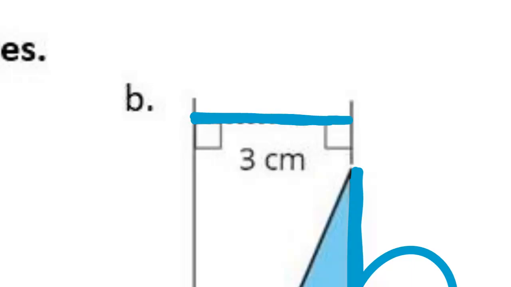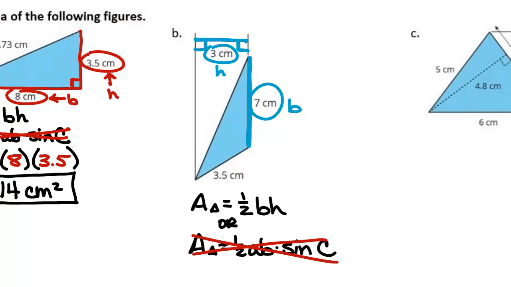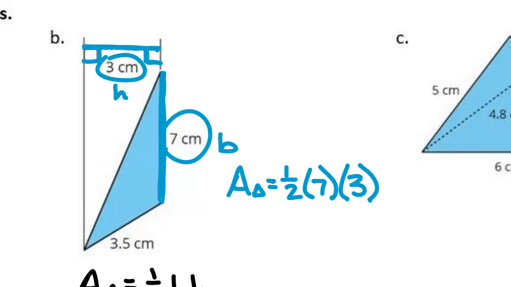This right here is showing me that it's perpendicular to my base, and it is perpendicular to this line here that extends out as far as the farthest tip of my triangle. So this right here is my height. So the area of the triangle is 1/2 times 7 times 3.